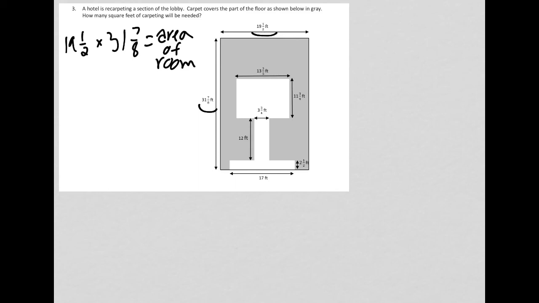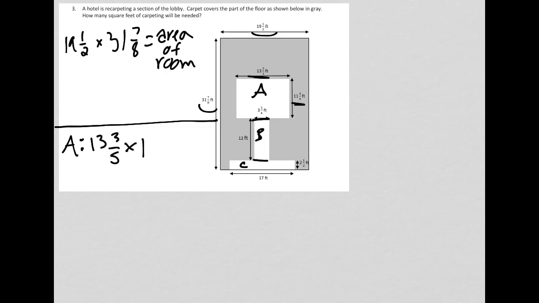So I want to figure out a way to subtract that white space out of the area of the whole room. Looking at this white space, I can see this is 3 separate rectangles. So we can call these A, B, and C. Once I break them apart, I think I can figure out the area of each rectangle and then subtract that area from the total. So area A is 13 3/5, because it's this right here, times this, 11 3/4.